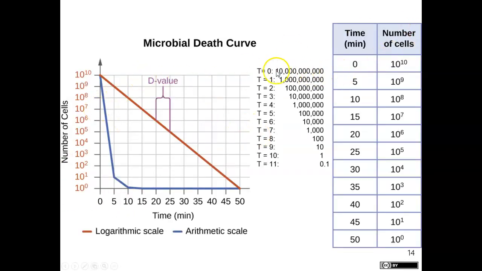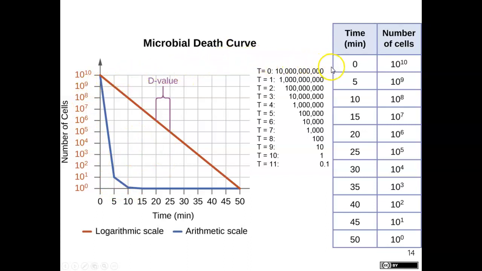So if you start out with 10 billion microbes, that's 10 to the 10th, and we're using something that has a D time of 5 minutes at some temperature, then every 5 minutes we're killing 90% of that population.